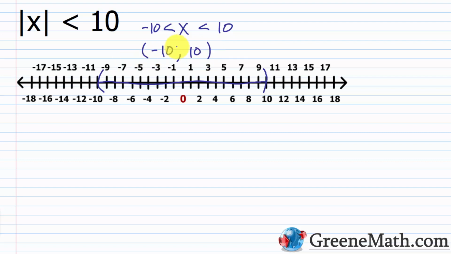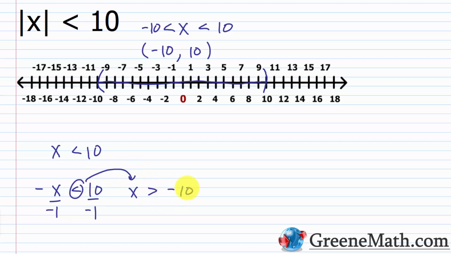And again, just to go through this one more time, we know that x could be less than 10. The other scenario is the negative of x could be less than 10. We divide both sides by -1. This flips, and we end up with x is greater than -10. So this sets up the compound inequality x is less than 10 and x is greater than -10, which we write as a three-part inequality: x is greater than -10 and x is less than 10. Okay, so that's where all this comes from.